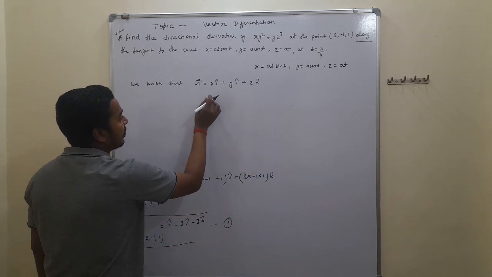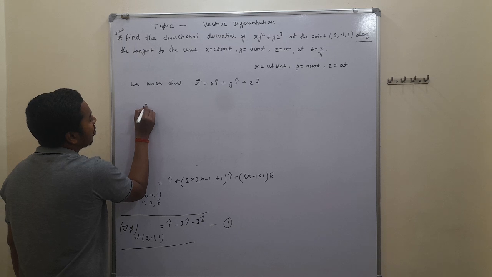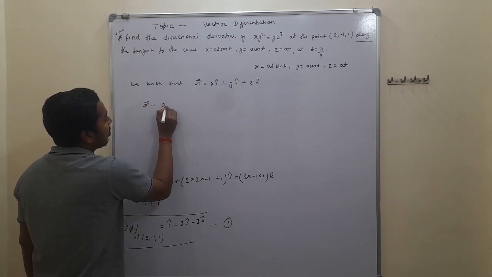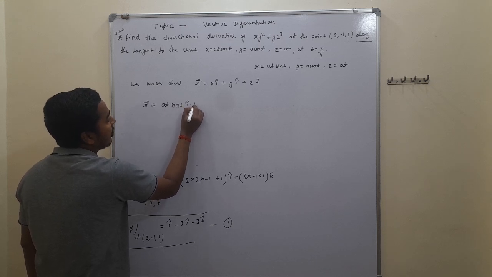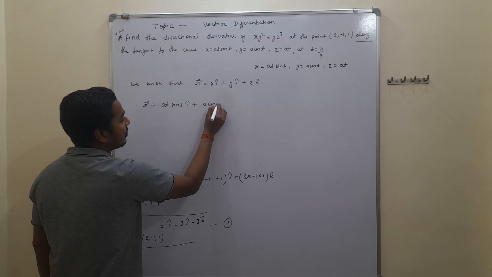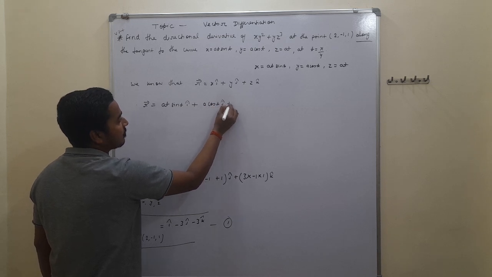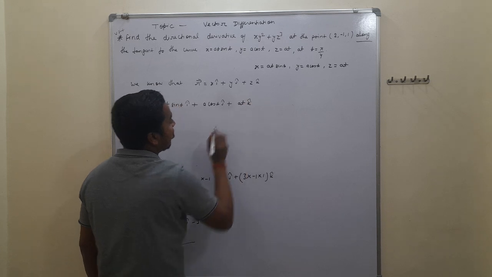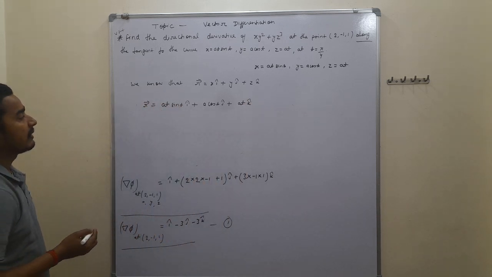So we have to put here, this gives r vector is equal to, in place of x we put a t sin t i cap, plus, in place of y we put a cos t j cap, plus, in place of z we put a t k cap, and further we have to find the tangent vector.